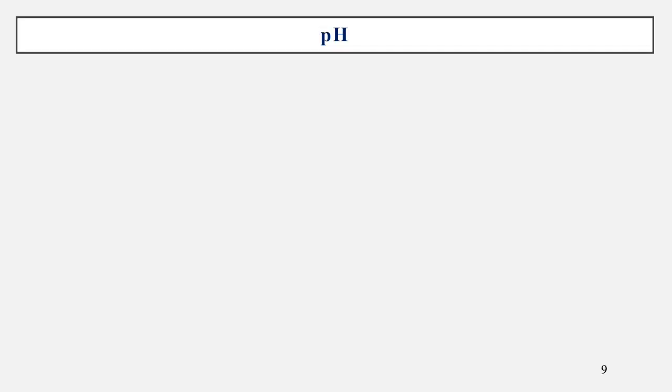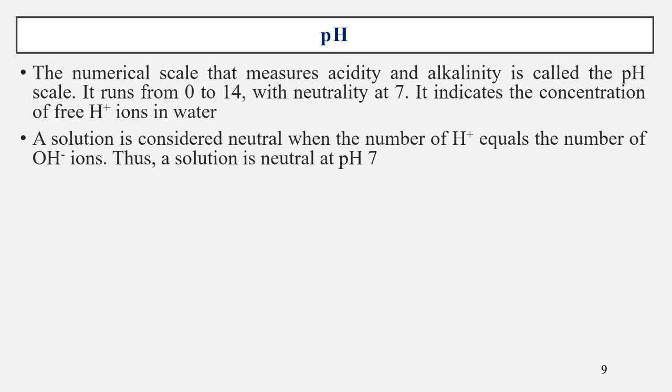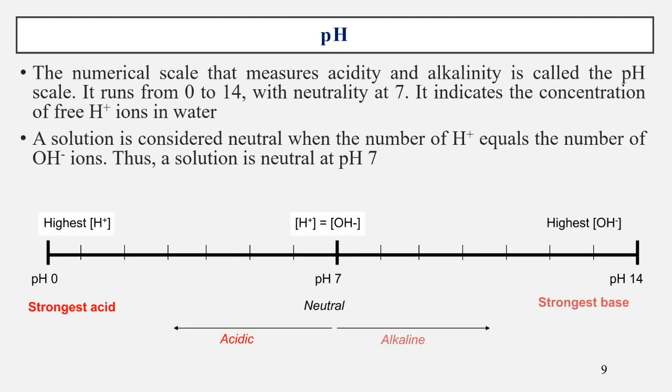The numerical scale that measures acidity and alkalinity is called the pH scale. It runs from 0 to 14, with neutrality at pH 7. It indicates the concentration of free H plus ions in water.